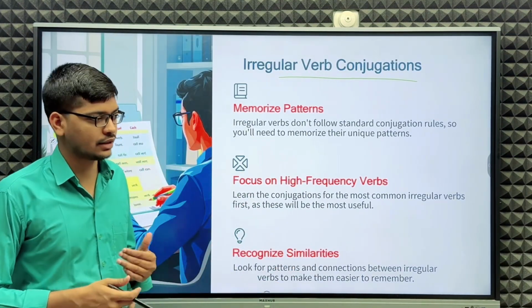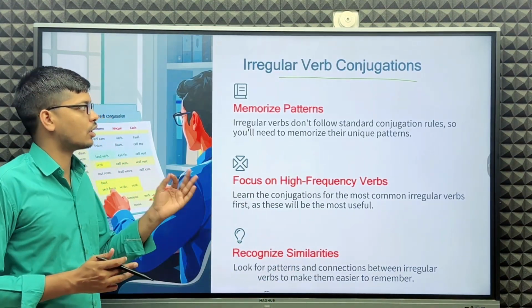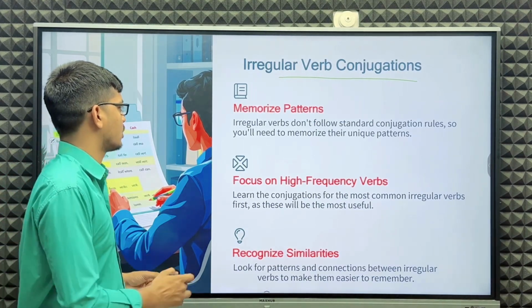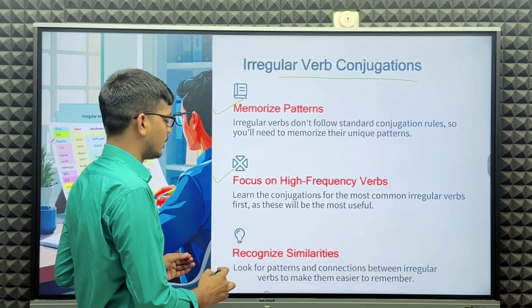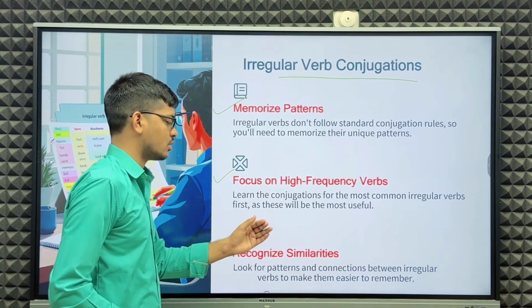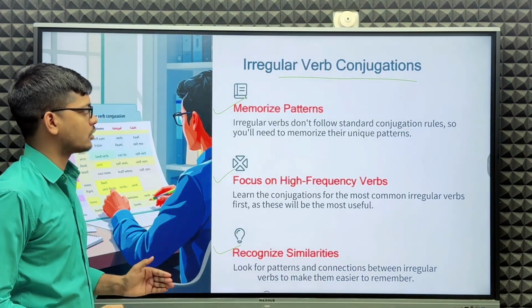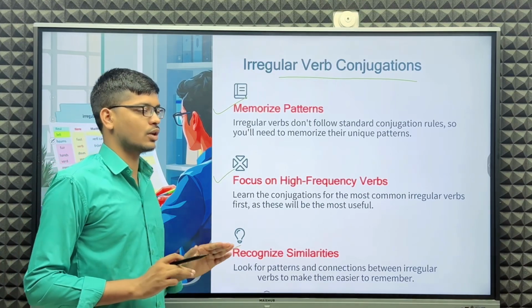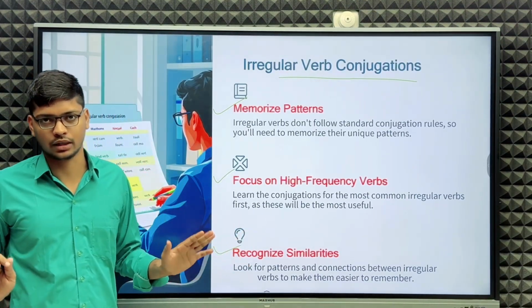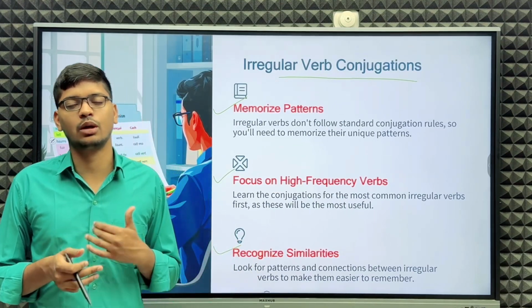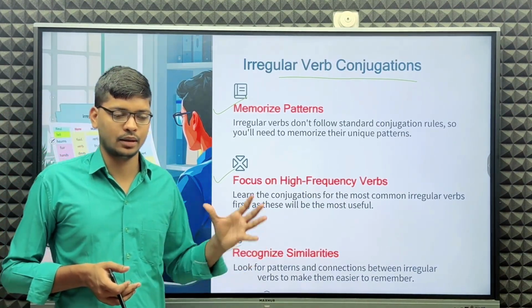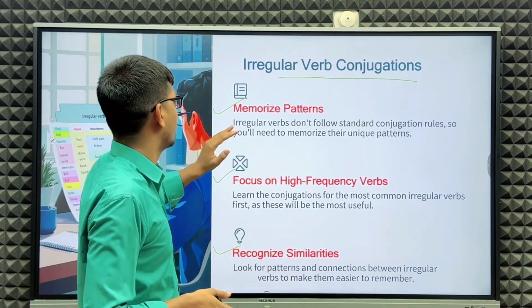Now let's see irregular verbs conjugations. First, memorize patterns, focus on high frequency verbs, and recognize similarities. Irregular verbs are very important for us because we want to master our present tense.